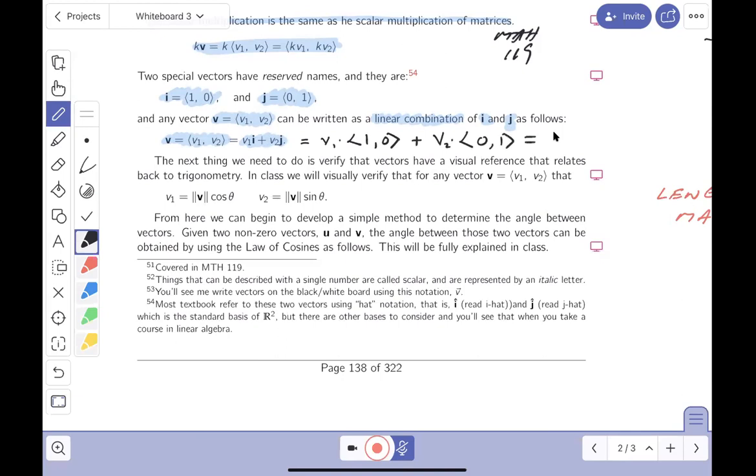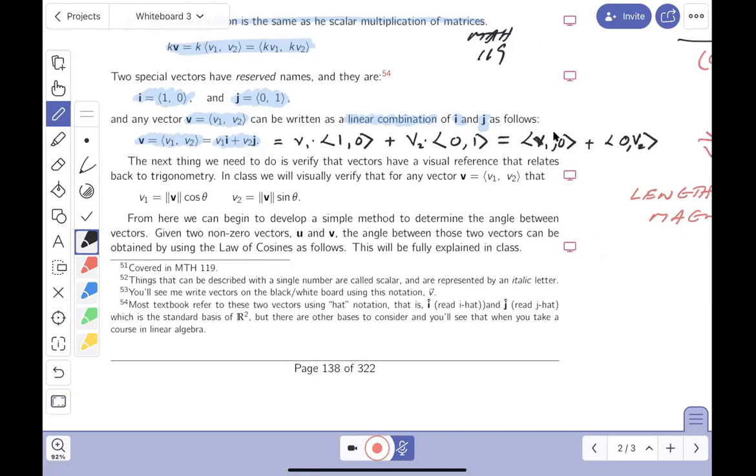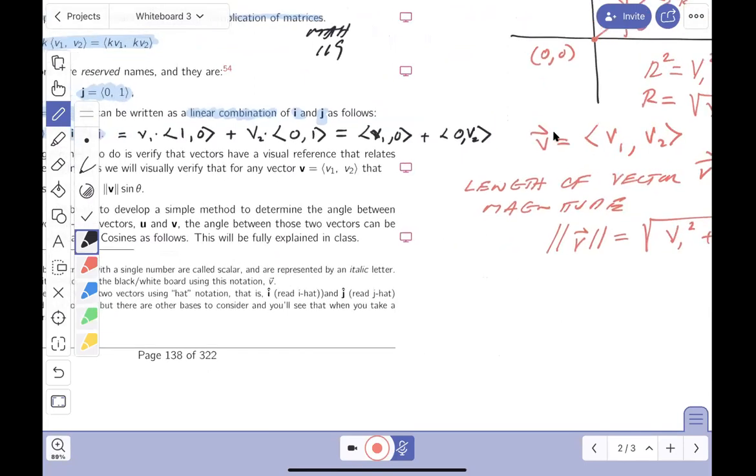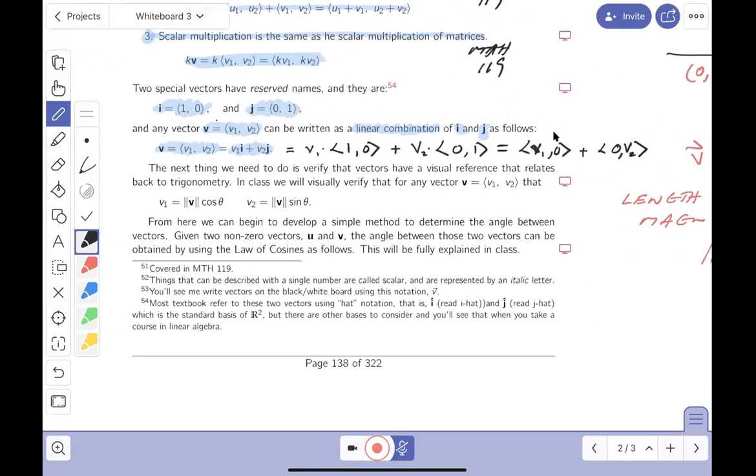Well, if you did that, what would you get? You would get a scalar multiple, <V1, 0>, plus <0, V2>. If you add those together, I'm hoping you'd realize what you get is this over here.